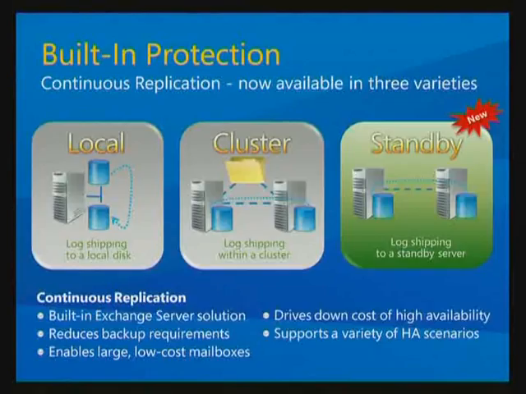The cluster allows you to automatically fail over from that active node to the passive node, and it's a symmetric failover. So you can fail back, make that passive node the active node, and then return the active node to a passive. Both of those servers are capable of becoming an active node.